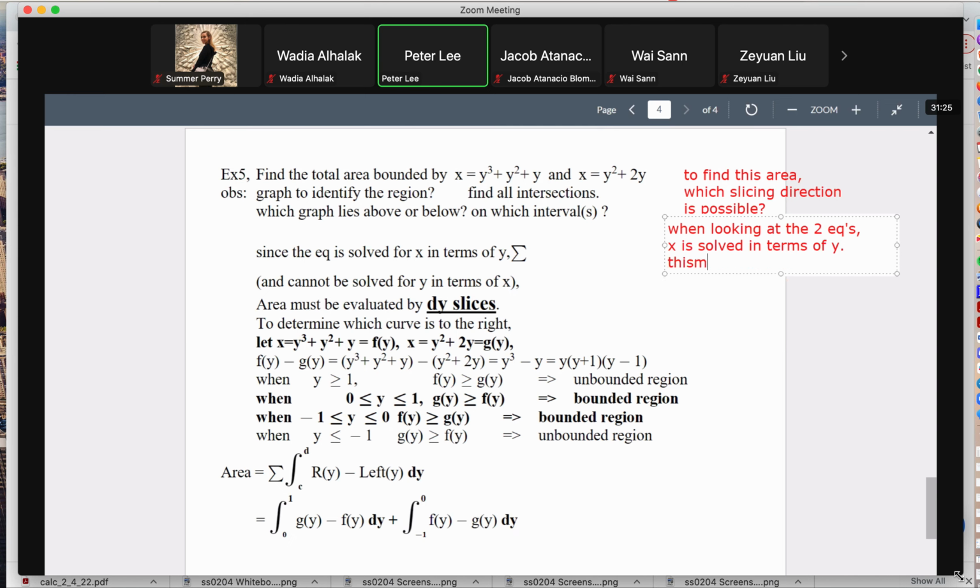This means dy slicing is possible. Now, the next question is this.